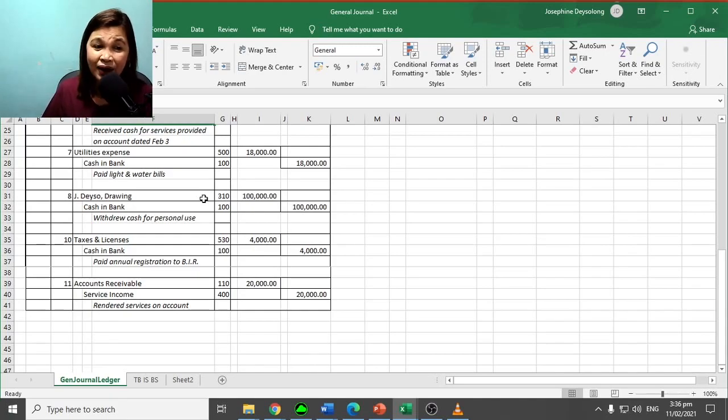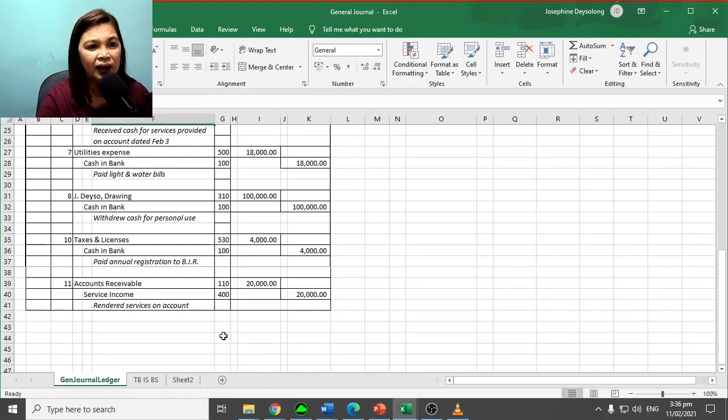So I debit accounts receivable, meaning to say, I will still have a receivable. So, this is on the debit side. This is still an asset for me because it will be received later in cash. Of course, my credit, again, is service income.